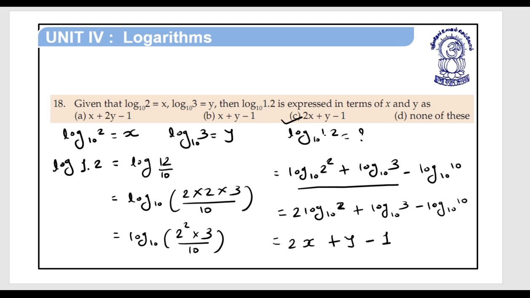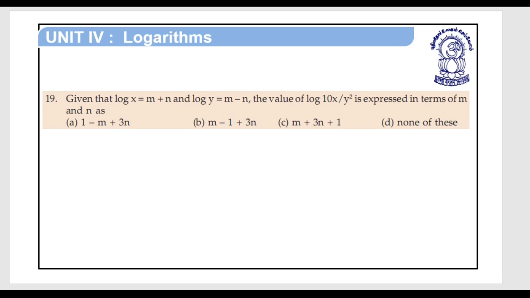Next question. Given that log x is equal to m plus n, log y is equal to m minus n.